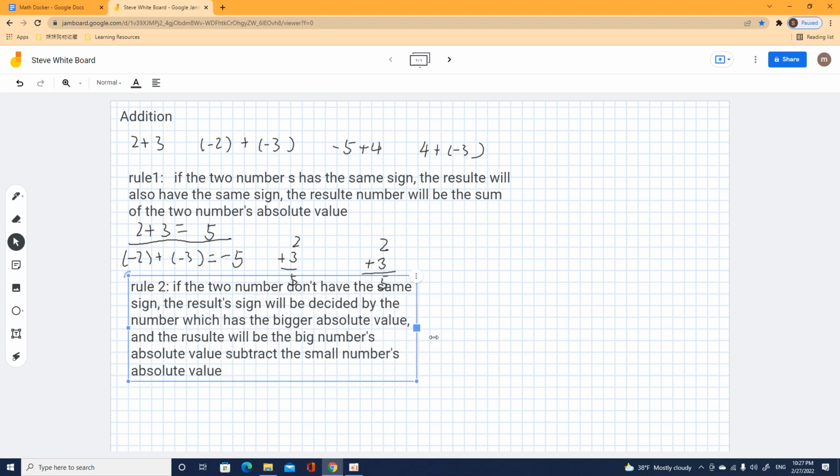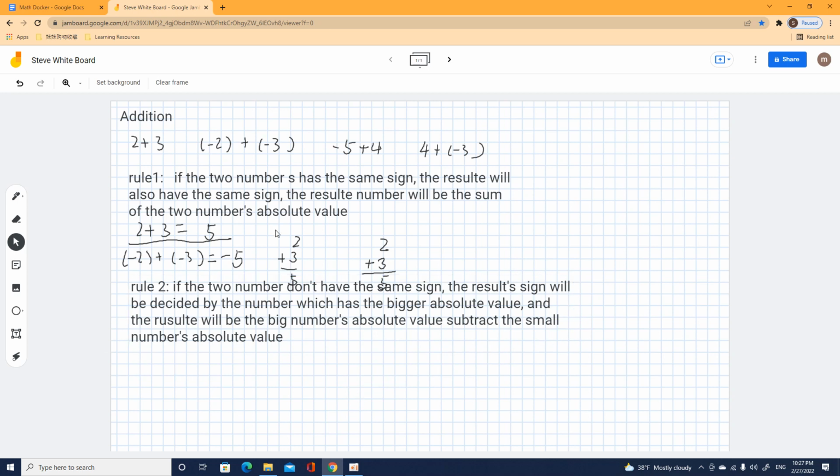Also, I give an example. For example, we want to calculate negative 5 plus 4. Here you see the 5 is a bigger number, and the 4 is a smaller number. The 5's sign is negative, and the 4's sign is positive.